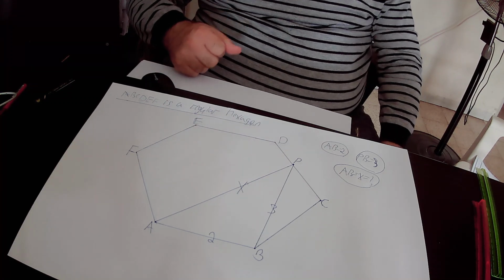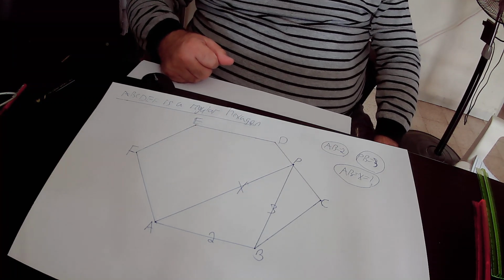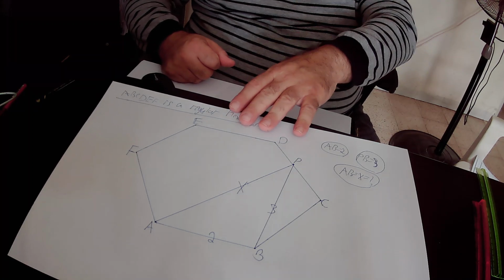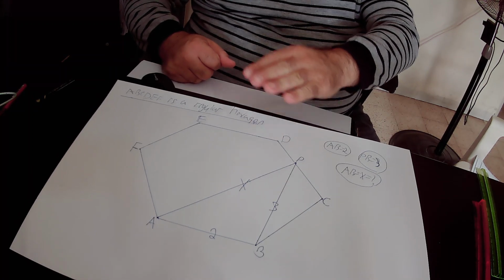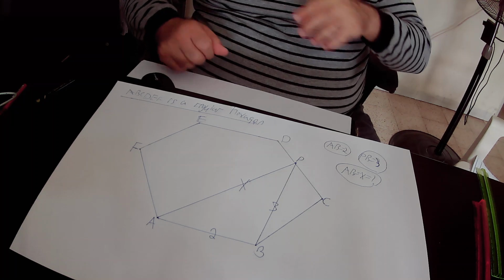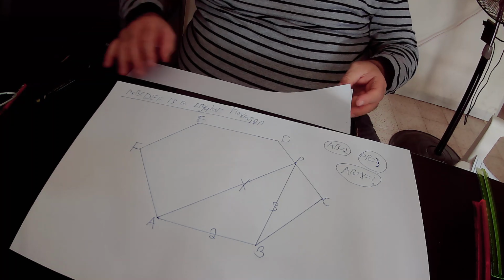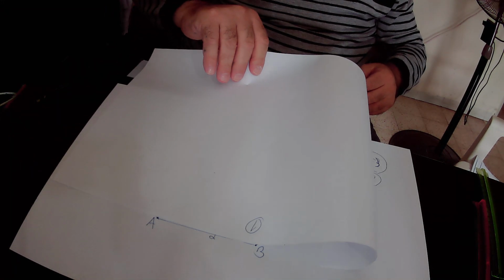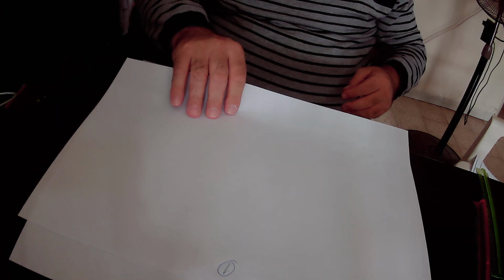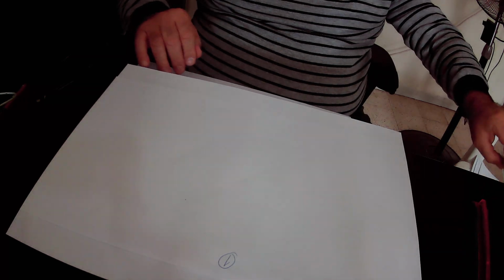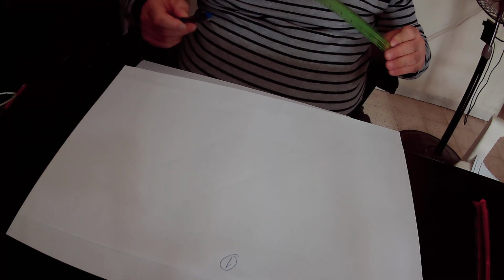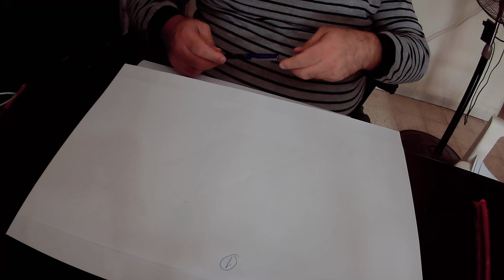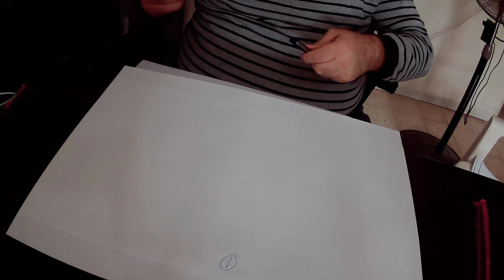Okay? So first of all, we find out the sum of the angles in any regular hexagon. So I'll draw a regular hexagon, that could be any regular hexagon, and we'll find out the sum of the angles in that regular hexagon.